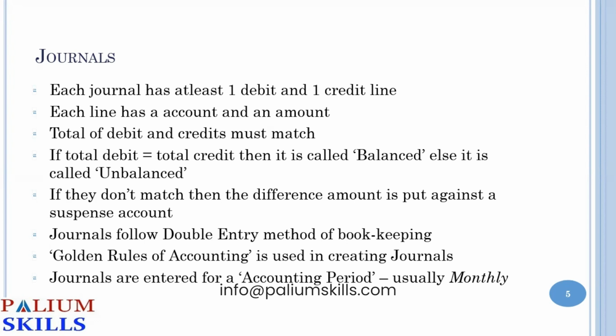Journals follow the double entry method of bookkeeping. Double entry means there's a debit and credit, and there will be a following debit and credit which will be recorded. Then there are golden rules of accounting based on which journals are created.